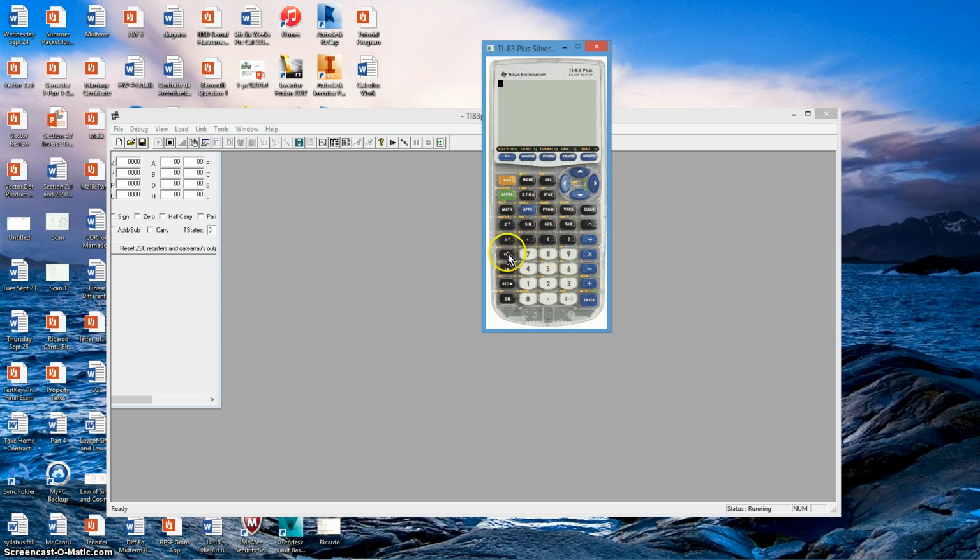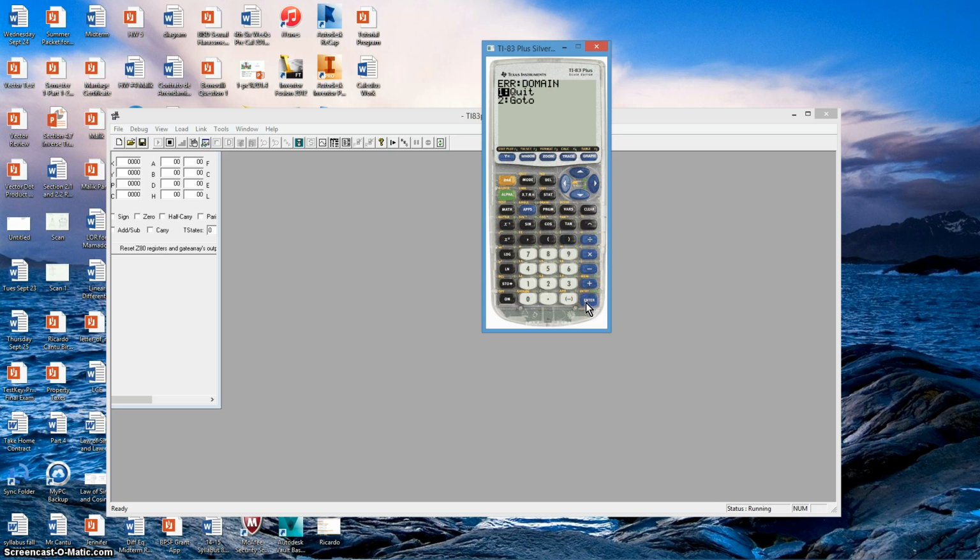Now let's type in natural log of -1, and let's see what happens. We get the same thing, an error. No biggie. Let's go ahead and try natural log of 0.